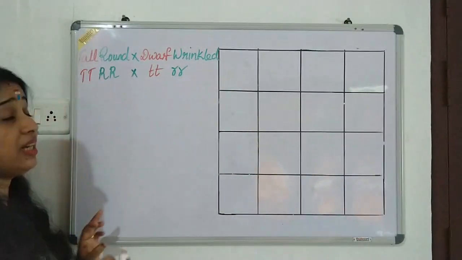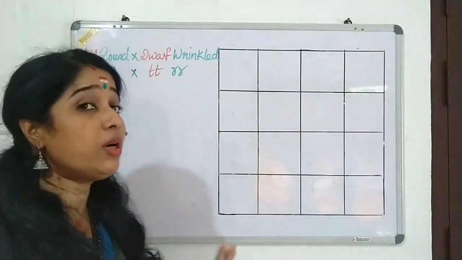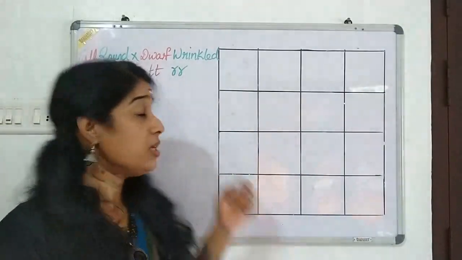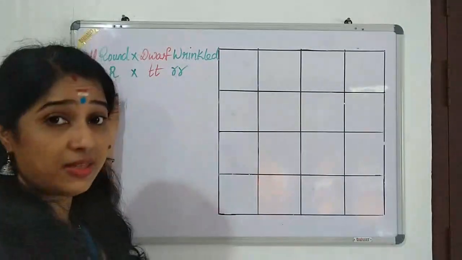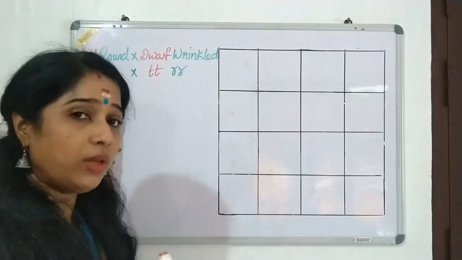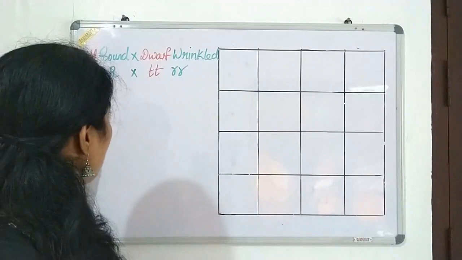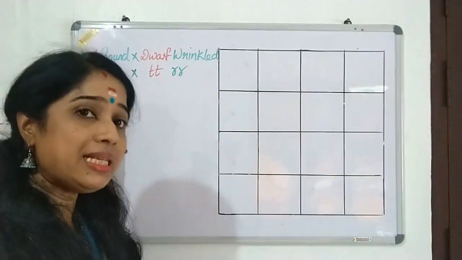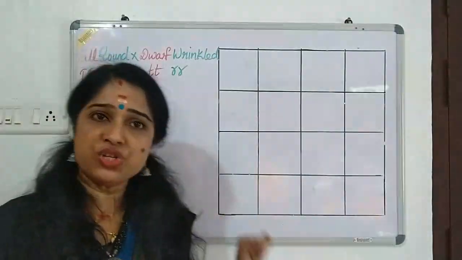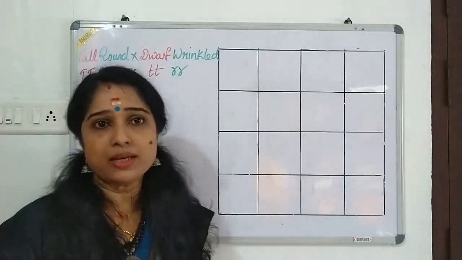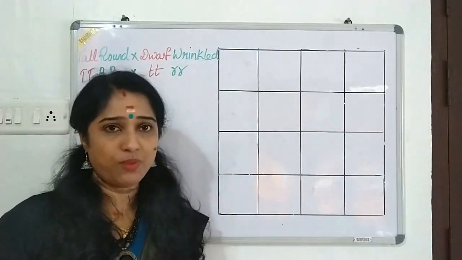And he selected a very important thing, he selected pure tall and round. What is meant by pure tall? That means the 2 genes should be similar. So both are the same, homozygous we could say, because both are capital T. If one is capital T and the other is small t, that plant is also tall. But for doing the experiment, Mendel did not want such a plant.